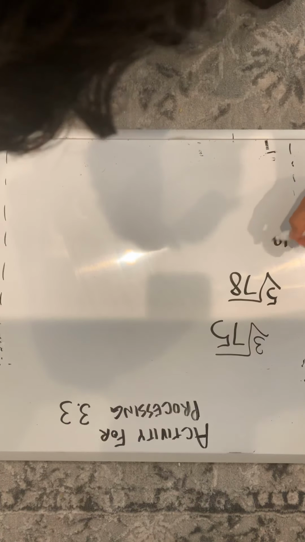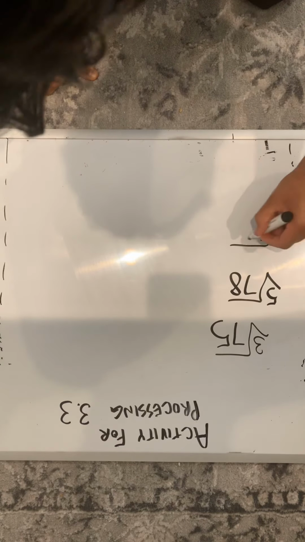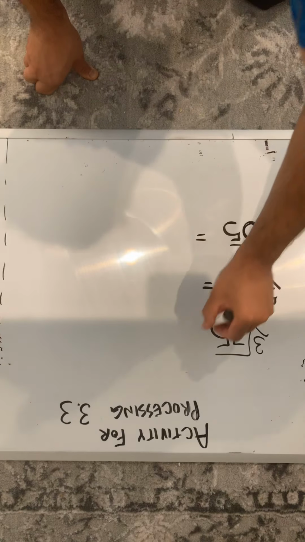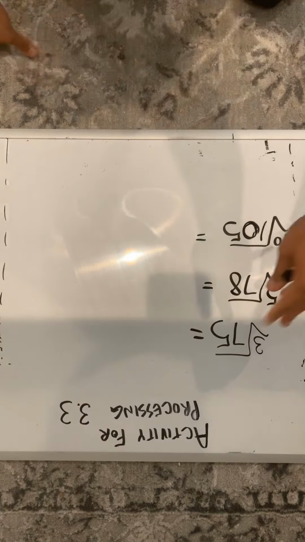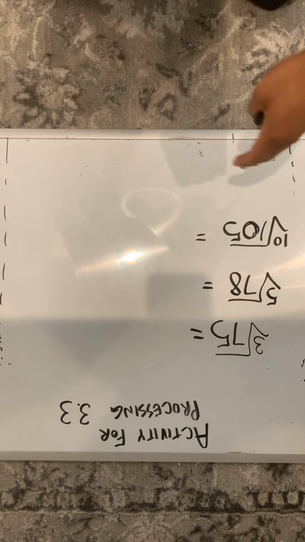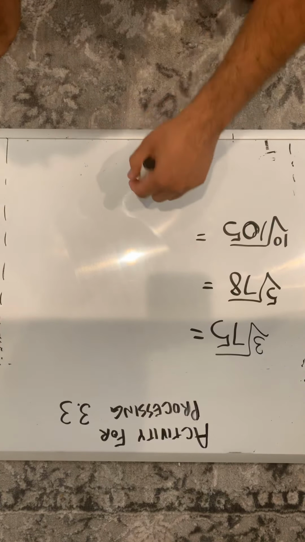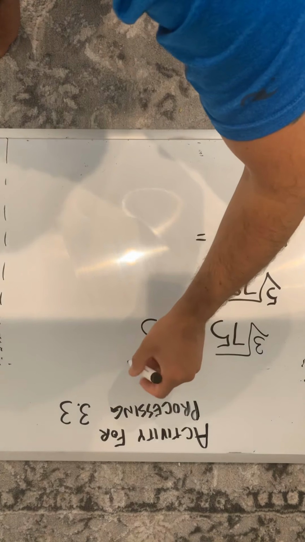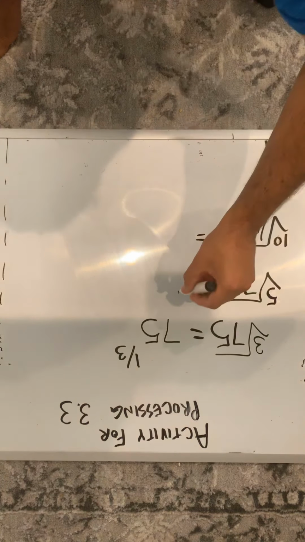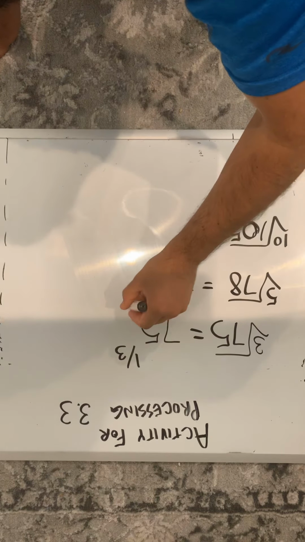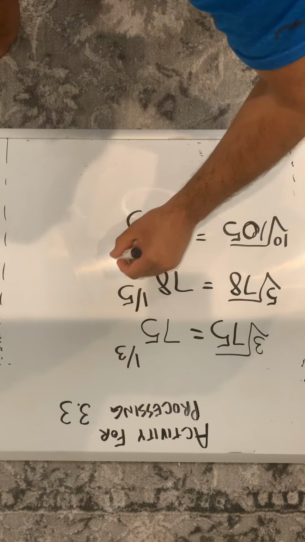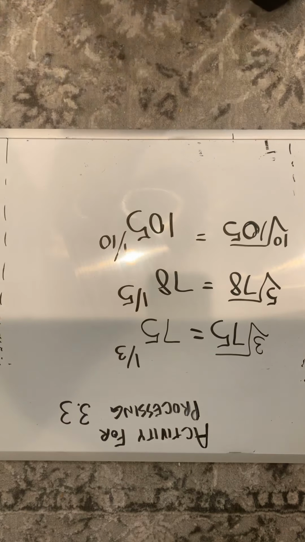I remember why I was doing this now. Okay, so these are all radical representations, and we're going to change them into representations that have an exponent.